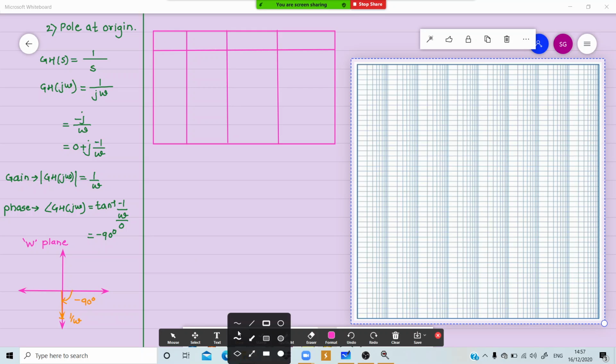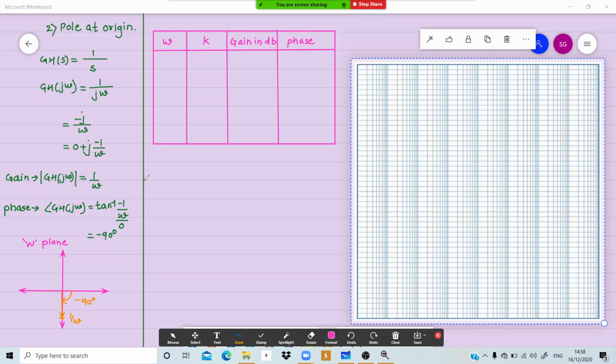So the first block is of omega, different frequencies you are changing. As per that, what is going to happen to gain K, which is 1 upon omega. Then what will happen to gain in dB? And this is for the phase or the angle that you are having.